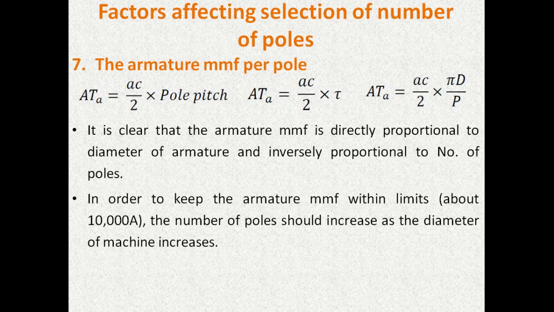So it must be ensured that with a smaller number of poles, compensation winding is provided in order to reduce the effects of armature reaction. This provision of the compensation winding will further complicate the construction and increase the overall cost of the machine, which is not a favorable condition.